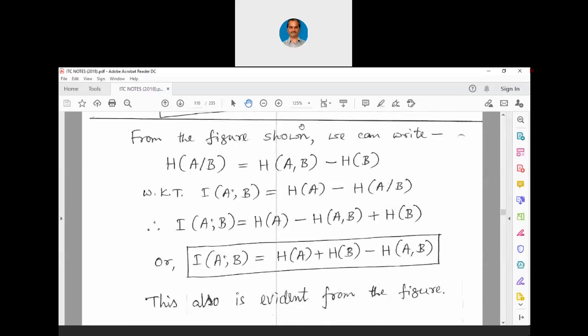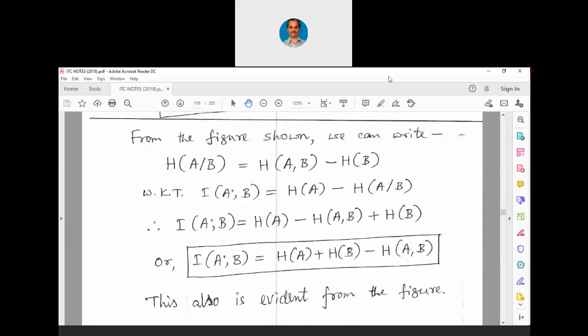From the figure shown, we can write H of A slash B equals H of A comma B minus H of B. We know that I of A semicolon B equals H of A minus H of A slash B. Mutual information equals H of A minus H of A slash B. This we know. Now, let us substitute this way. I of A semicolon B equals H of A minus H of A comma B plus H of B. Whatever is shown here, let it be substituted for this term.